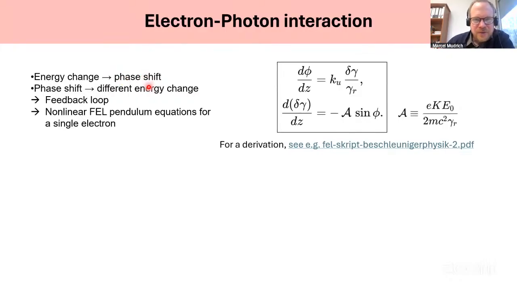So for this we can set up what is called the FEL pendulum system of equations. This is a model that applies to a single electron that couples to the electromagnetic field.